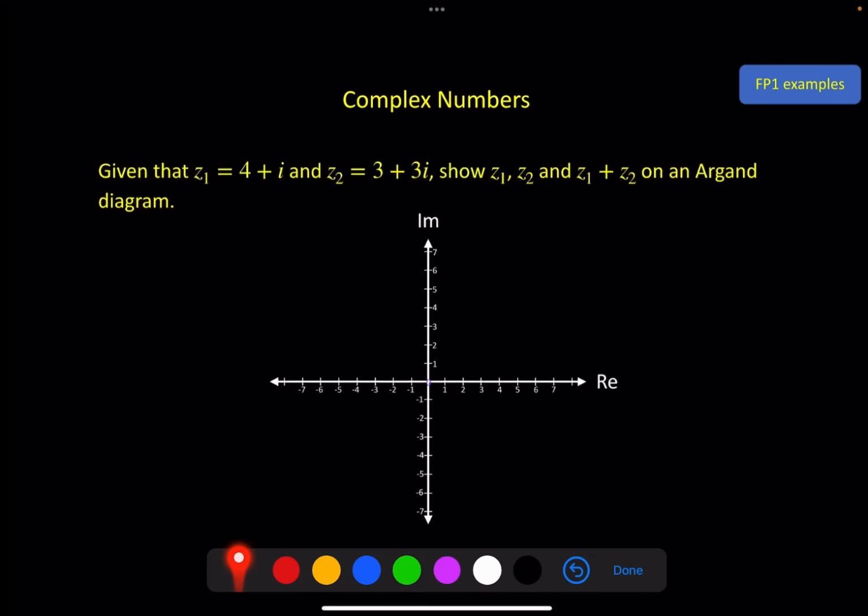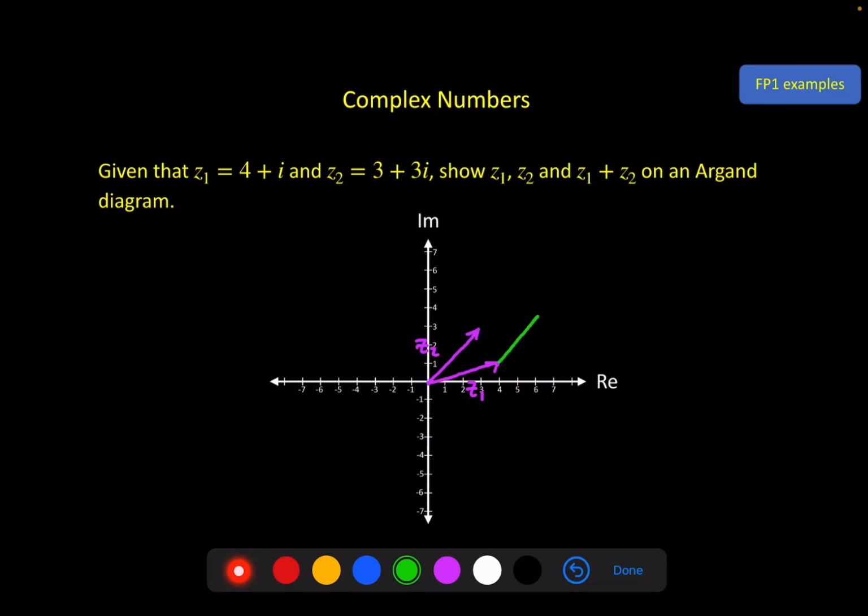In the same way, we can represent addition of complex numbers on an Argand diagram. So here we have Z1, 4 plus i. Let me put that as an arrow here. And Z2, 3 plus 3i. Now the addition of Z1 plus Z2 works like a vector addition on a normal graph.